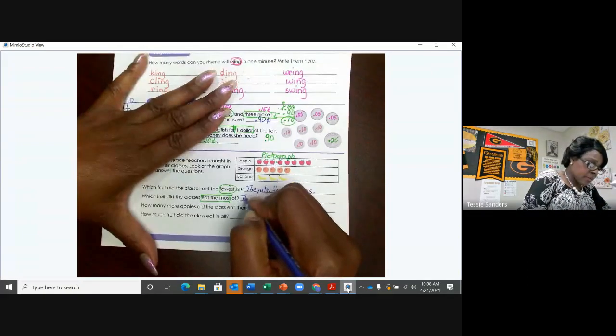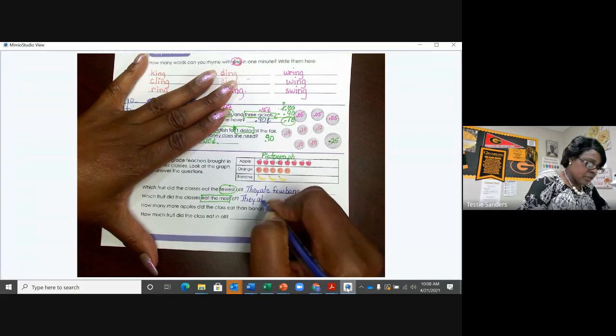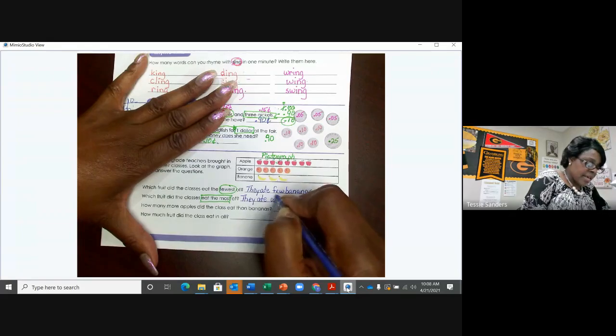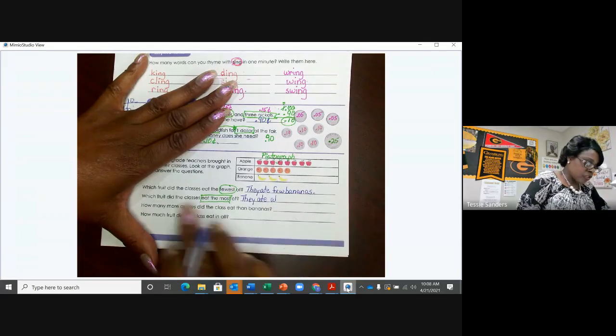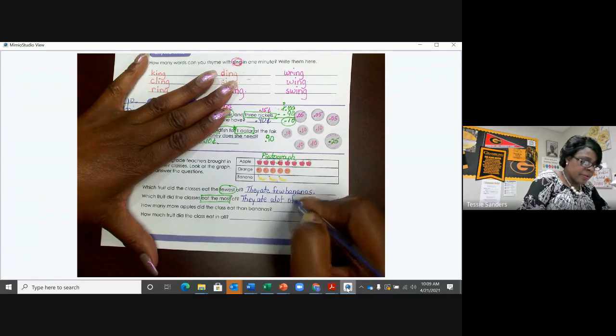Capital T. They ate, past tense of eat, a lot. I don't know why I always try and put a lot together, but it's not. Two separate words. A lot of apples.